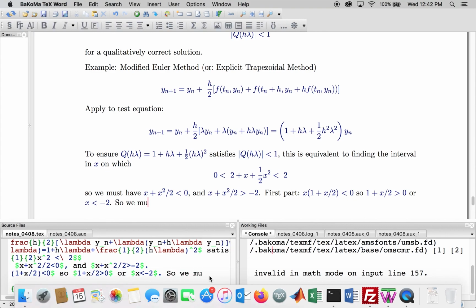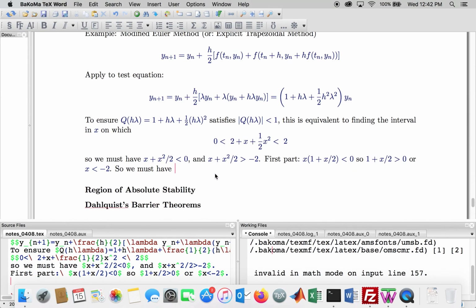So we must have, for this method to have a qualitatively correct solution, 0 is less than |h lambda|. Therefore, the larger lambda is, so for instance, if f, your function f of t, y from your ODE, can be large in magnitude, h must be small enough, put absolute value around that, because remember h lambda is negative, as I said. h must be chosen small enough so that the product in magnitude is between 0 and 2.